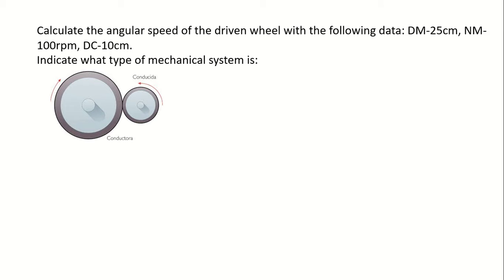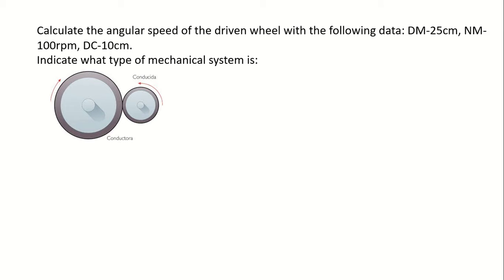First of all, we have to draw more or less the system, and you can see that the diameter of the driver is bigger than the diameter of the driven. So this could be the system, more or less.